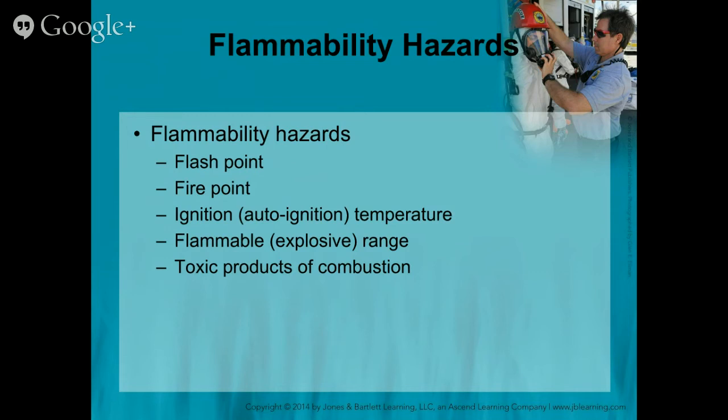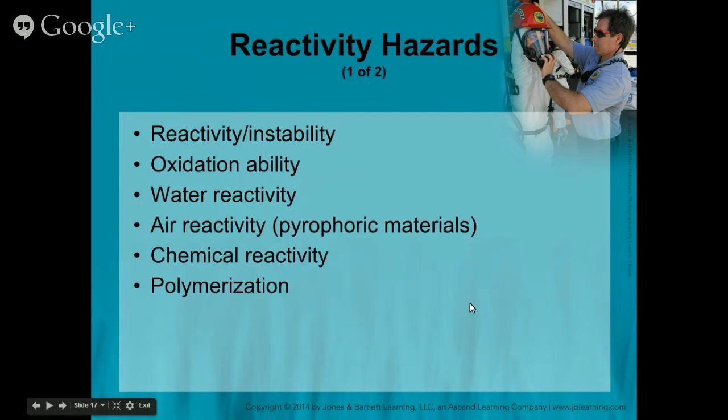And then the toxicity or the toxic product of combustion, what kind of gases are given off when products burn. For example, when paper burns or wood burns, we get products of combustion of CO2, carbon dioxide, carbon monoxide, and little bits of carbon from our unburned product. Keep this in mind when other bad stuff burns.